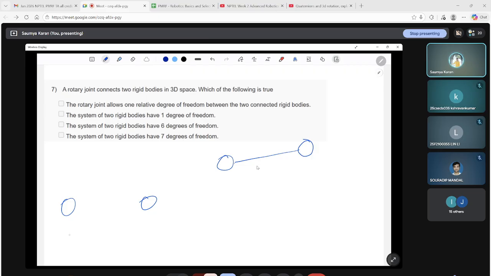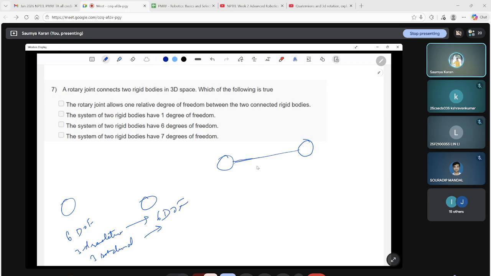This also has 6 degrees of freedom, right? This has 3 translational and 3 rotational. Similarly, this. Both of them have independently 6 and 6 degrees of freedom.